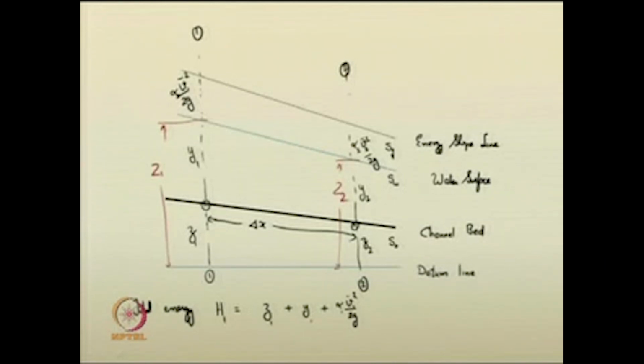Whatever total energy was there, H1, it is getting reduced to H2 at section 2. So, what is the energy loss? What could be your energy loss? H1 minus H2 will give you the energy loss, right?